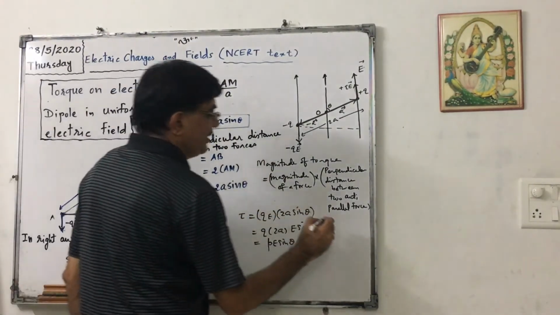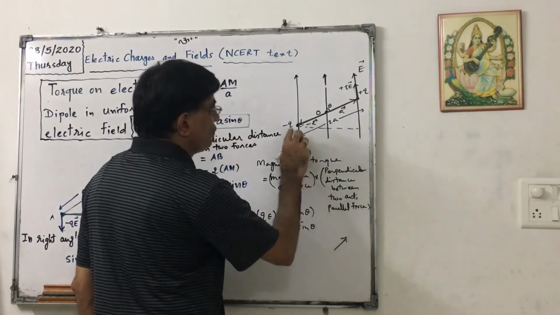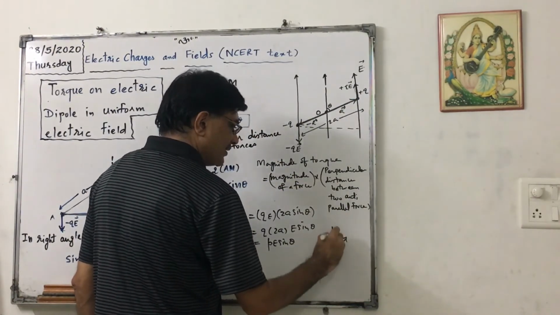Now what about direction? See, P is towards minus q to plus q. E is in upward direction.